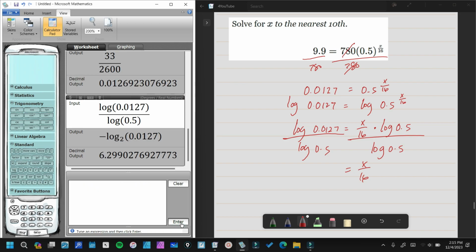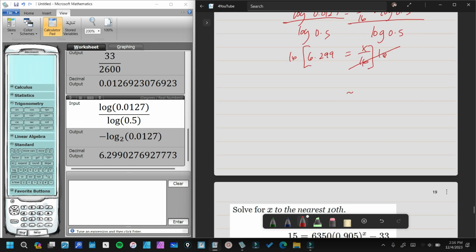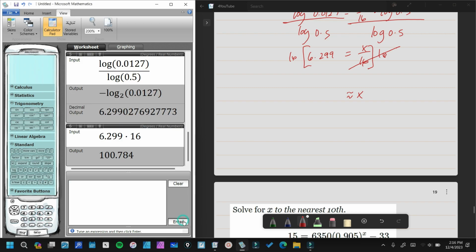That's 6.299. All right. The next step here is to multiply this by 16 on both sides. So 6.299 times 16. So the final answer is approximately 100.8. Right? Let's go to the last example.